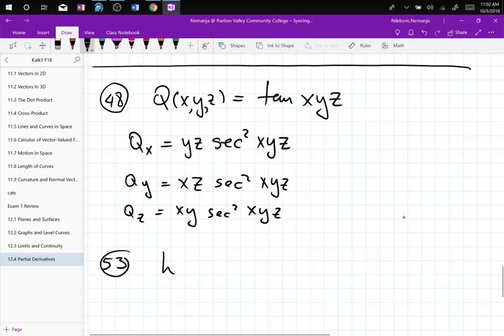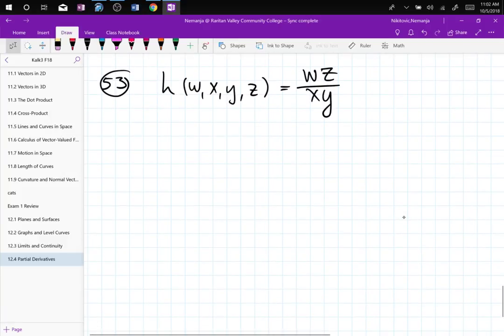So function h, in terms of w, x, y, and z, is wz over xy. Partial of h with respect to x.